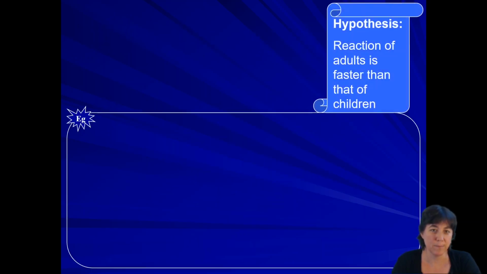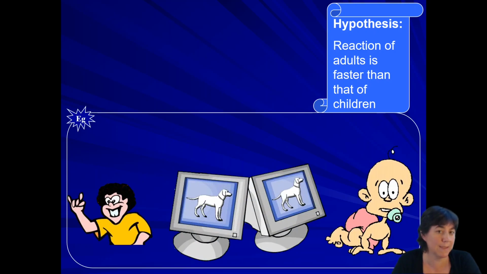So my next hypothesis, just to keep practicing how to define the units of observation and how to set up the case variable matrix, is: reaction time of adults is faster than that of children. It's a very straightforward hypothesis, easy to test. I give the subjects pictures of, let's say, a dog or a cat or an elephant, or not even animals, anything.